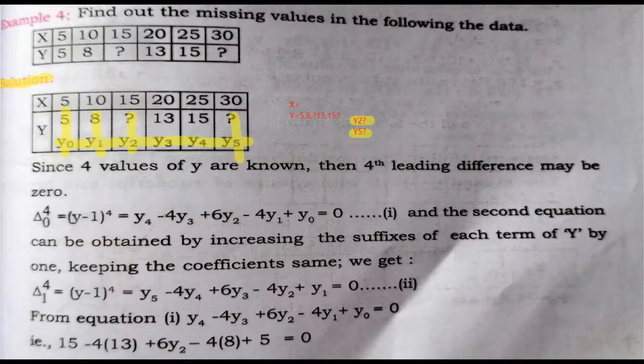Here how many known values are there? Totally they have given 1, 2, 3, 4, 5, 6 values. Out of 6 values, 4 values are the known values of y.